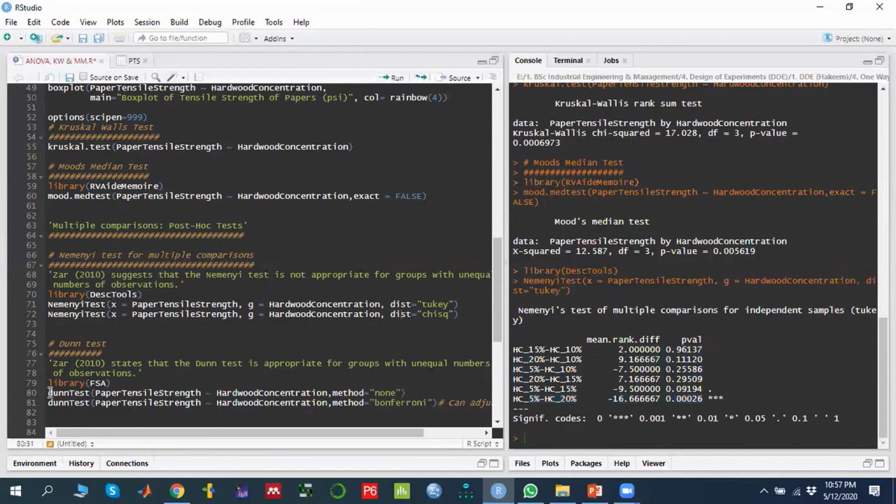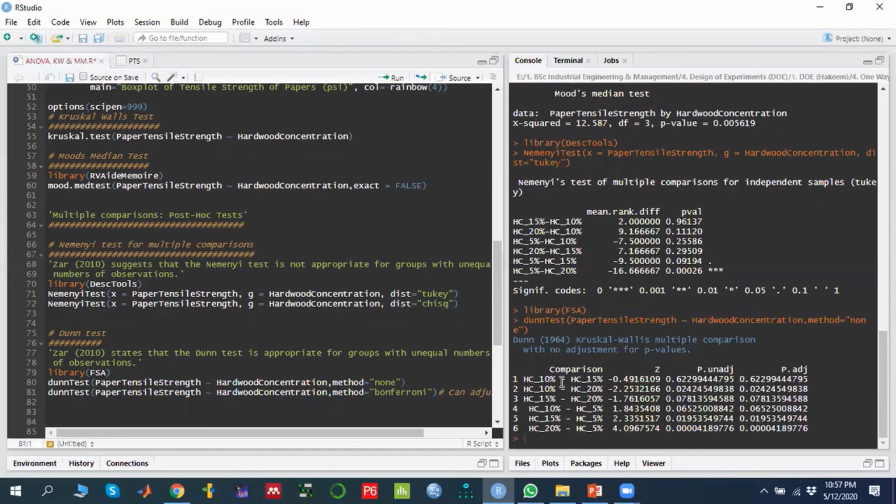The same is the case if you apply the Dunn test. Here the only difference is the method. Let me run this command. I get the unadjusted p-value and the adjusted p-value.